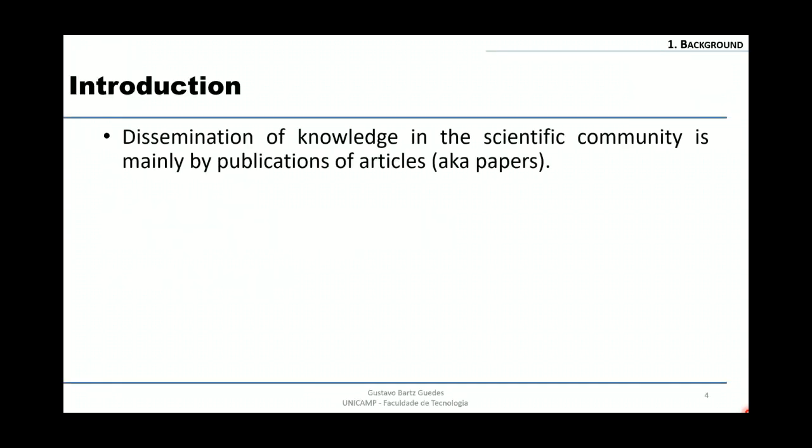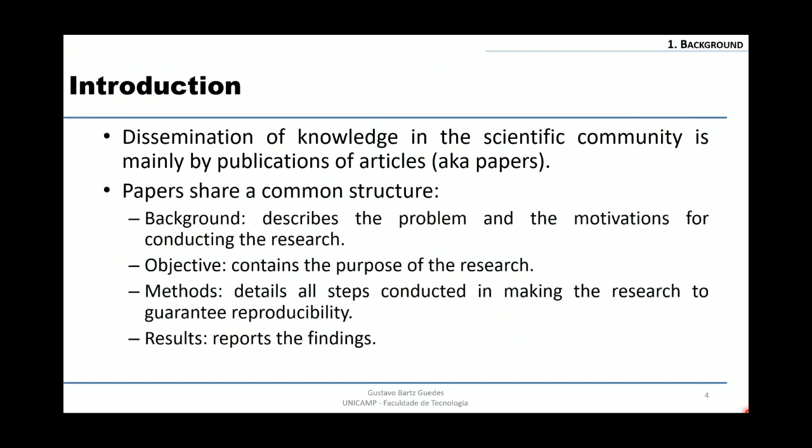So the background here is that the dissemination of knowledge in the scientific community is mainly by publication of articles, also known as papers. And papers share a common structure. Generally, they will have a background which describes the problem and the motivations for conducting the research.